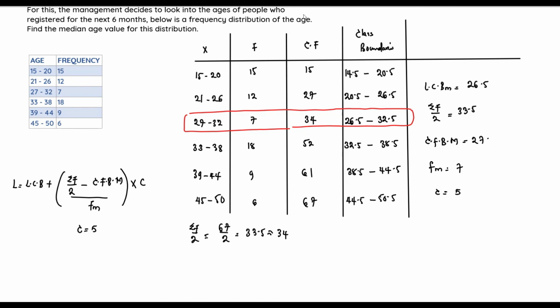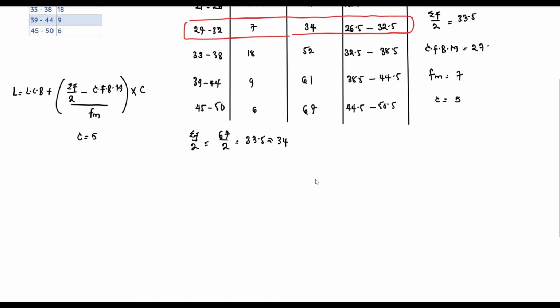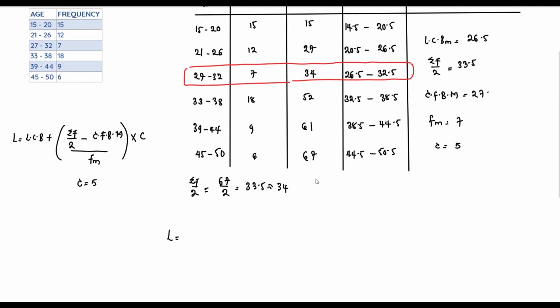It's time for us to substitute all of this into the formula. So L is equals to 26.5 plus 33.5 minus the cumulative frequency before the median, 27, divided by 7, times 5. Let's work on everything we have in the bracket.